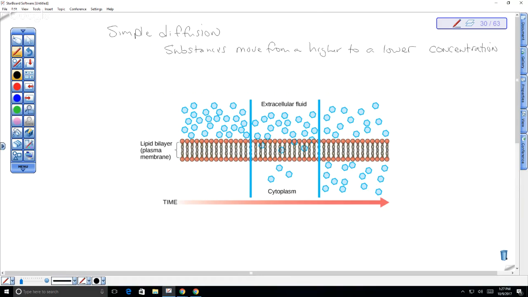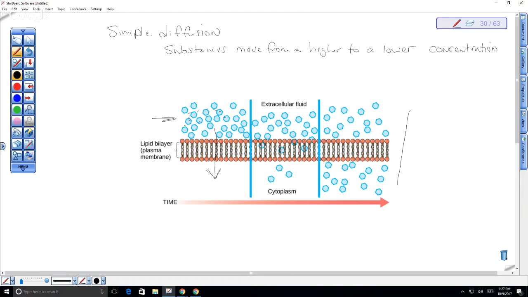This diagram shows that. If we were looking at the concentration of these molecules, we can see that they're more concentrated here, and so they would simply diffuse across the surface until they reached an equilibrium, until they were equally distributed on one side or the other.